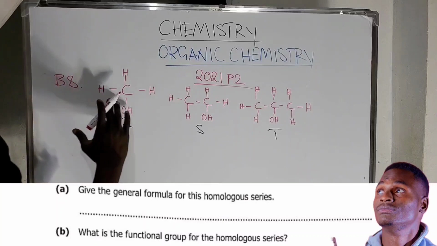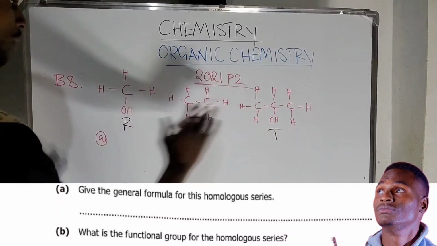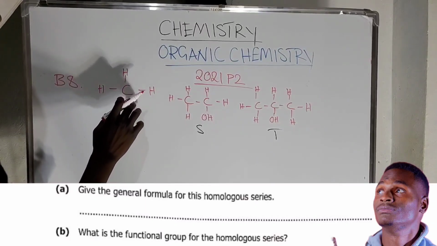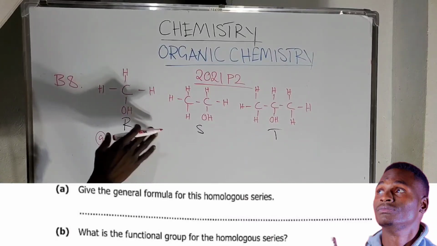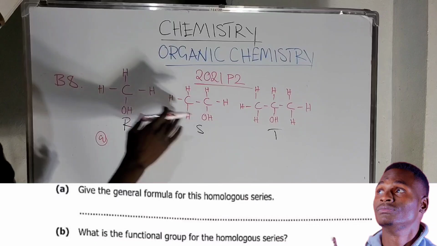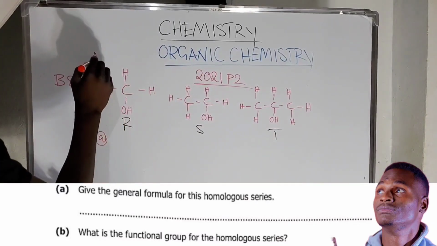Listen, these are not hydrocarbons because they contain oxygen. And you can't see a double bond here, or a carboxyl group. We can see hydroxyl group, OH, OH, OH. So these are alkanols or alcohols.